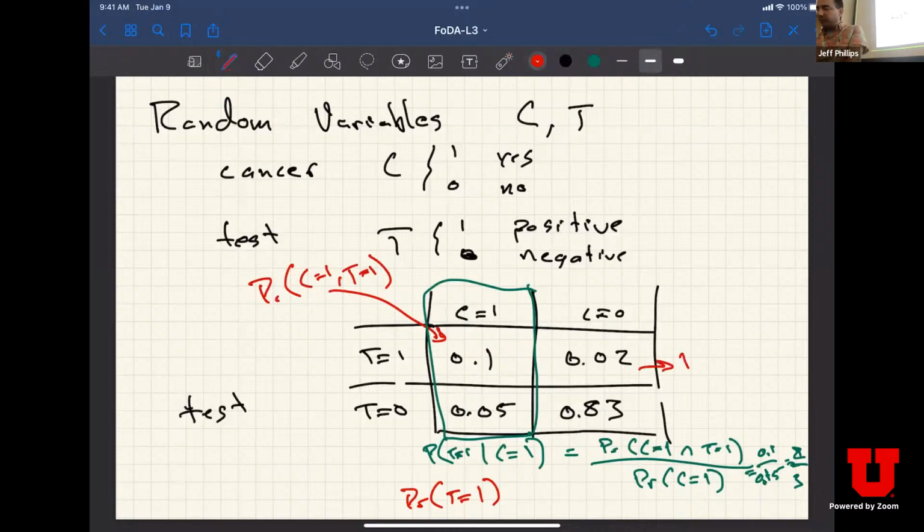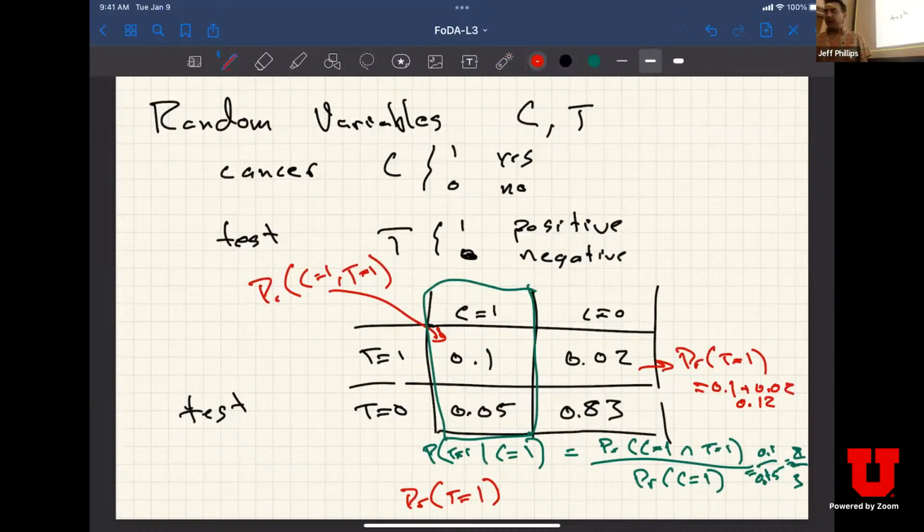Well, we would add up these two things. This is the so-called marginal probability, and I'm adding up 0.1 plus 0.02, which is 0.12, so about 12% of the time the test is positive.